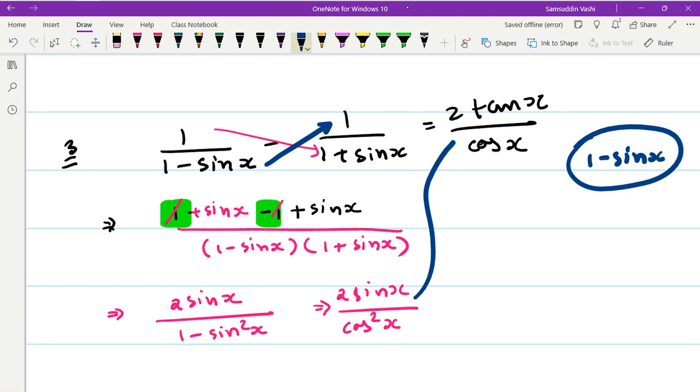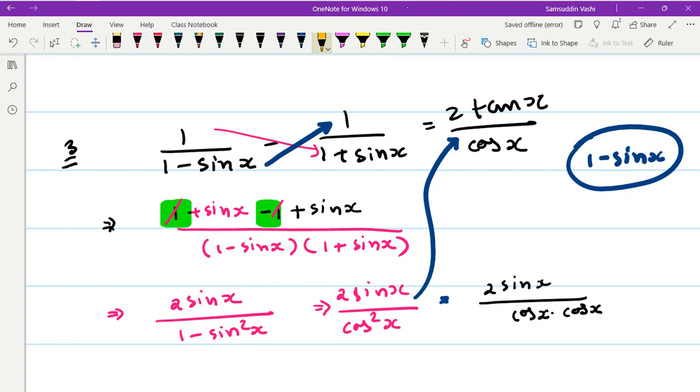Now let me check here. What do I need? I need only 1 cos x in denominator. So what I'm going to do, I'm going to break down that cos squared x into cos x times cos x. So I'm arranging the requirements from whatever I have. Right. 2 sin x is as it is numerator.